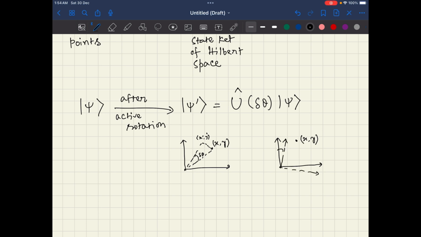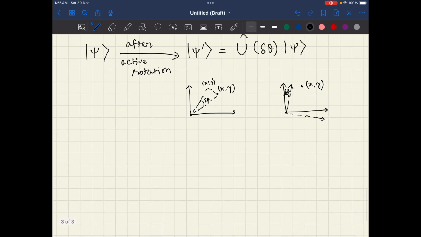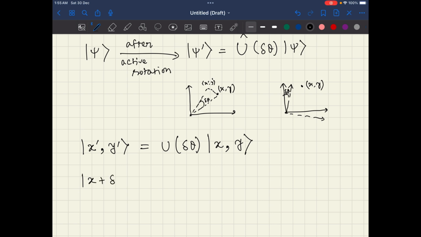Rotate that coordinate axis along this delta theta. So after this rotation, the new position should be related to the old position like this, where x prime is the same as x minus delta theta y, y prime is y plus delta theta x.